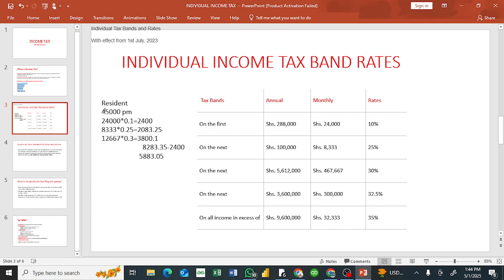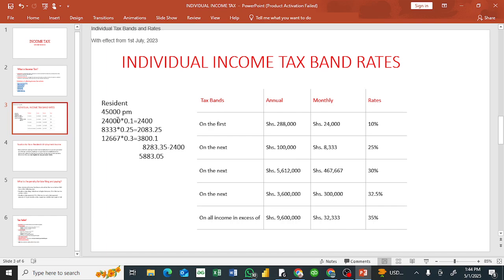Mr. John is a resident earning a salary of 45,000 per month. Let us calculate how much tax John will have to pay per month, earning 45,000 Kenya shillings. Remember, on the first 24,000 per month he will be charged 10%, and on the next 8,333 he will be charged 25%.